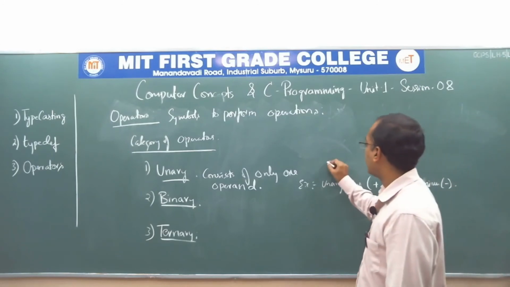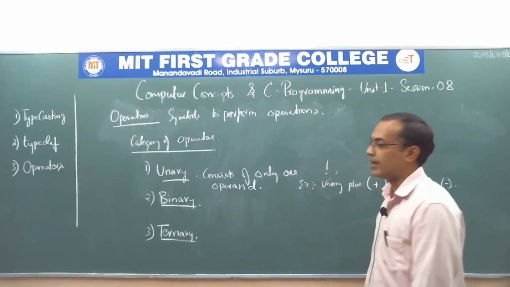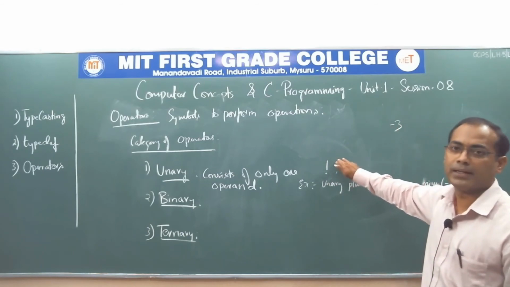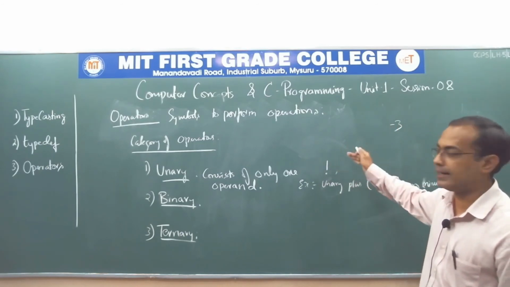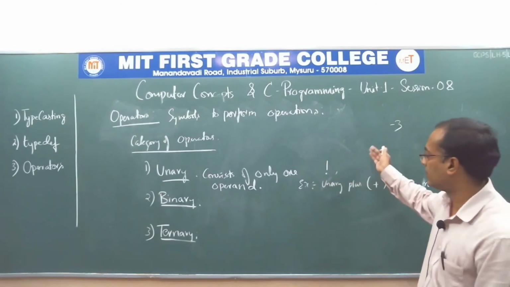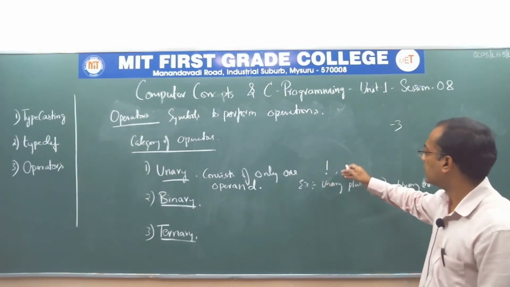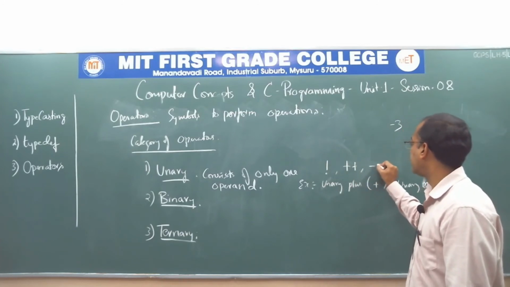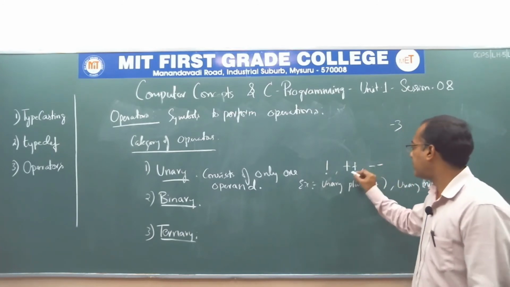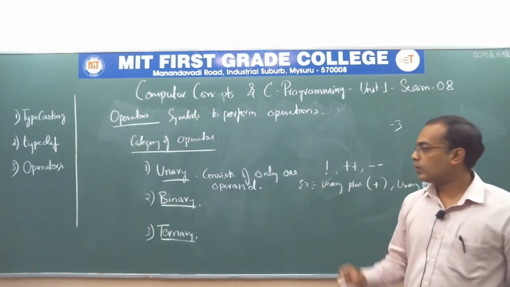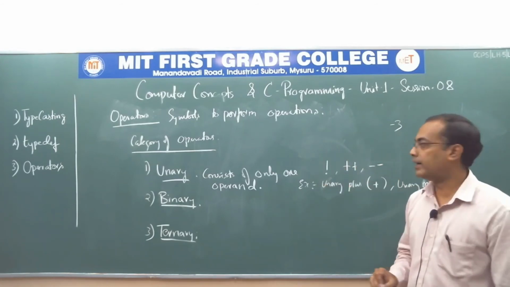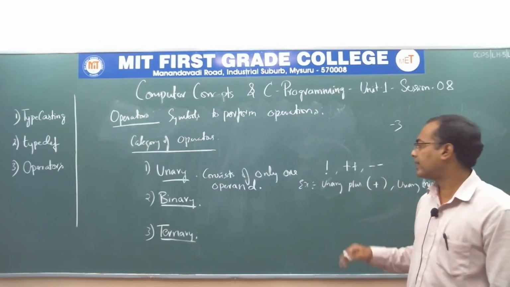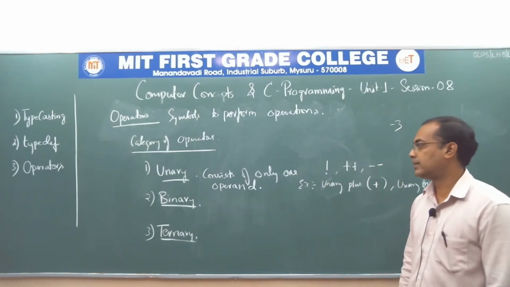Also you have the exclamatory operator, which is called the negation operator to perform logical negation. We will see all these things in the future sessions. And then you have increment and decrement operators. So the double plus and double minus are also examples of unary operators. These are called increment as well as decrement operators.